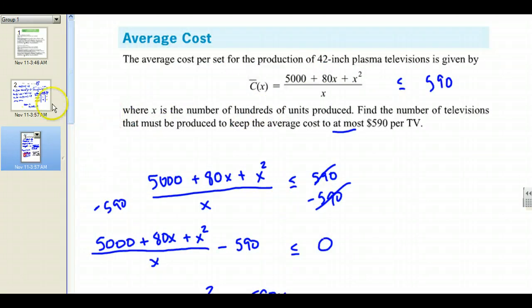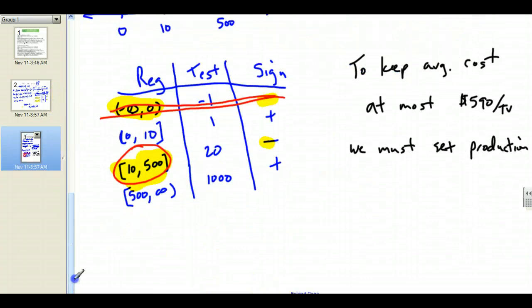Yes, hundreds of units sold. So we must set production between 10, which is 1,000, and 500, which is 50,000.